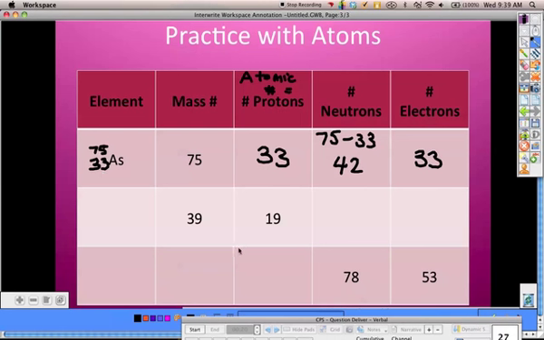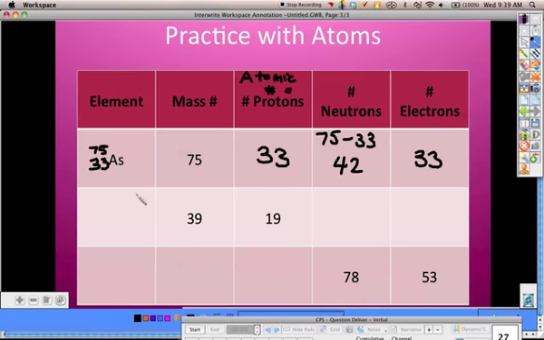Okay, this next one just tells me the mass number and the number of protons. How can I figure out what element it is? Do I look at the mass or the number of protons? Number of protons. Some of the masses are pretty similar, so we look at the number of protons, which is the same as what?